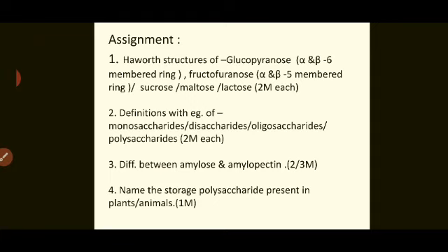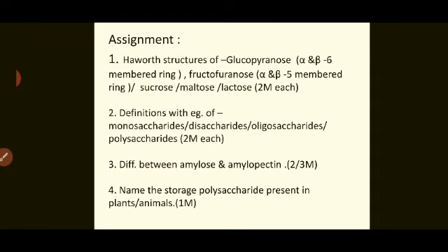Now I have given you the assignment. What are the possible questions on this part, that is on today's part? First one, as well as in the last part, Haworth structures of glucopyranose, that is alpha and beta glucose structures, the 6-membered ring.